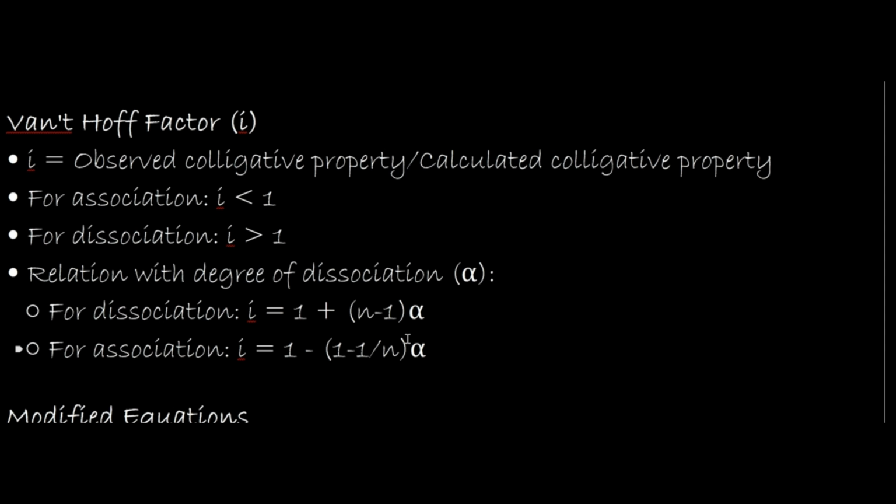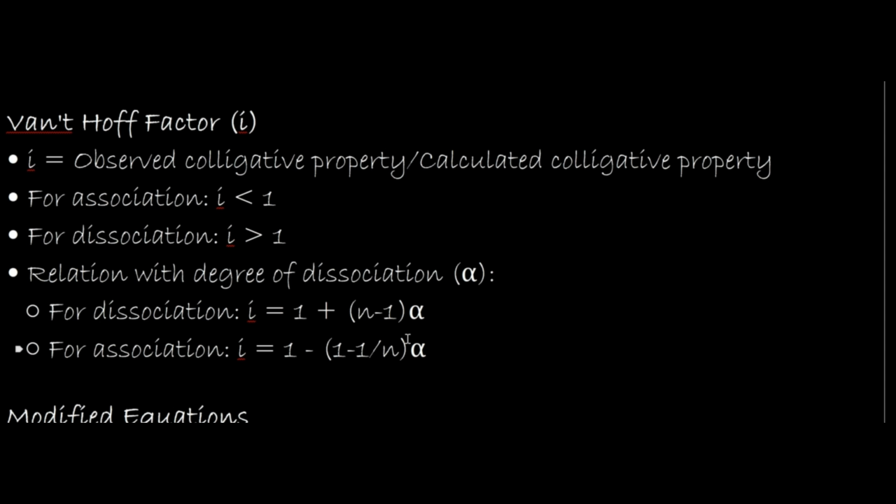So the Van't Hoff factor gives the ratio of the observed colligative property versus the calculated colligative property. This is denoted by the symbol i. For association reactions like Ag plus ion and Cl minus ion giving AgCl, i will be less than 1, and for dissociation, i is greater than 1.